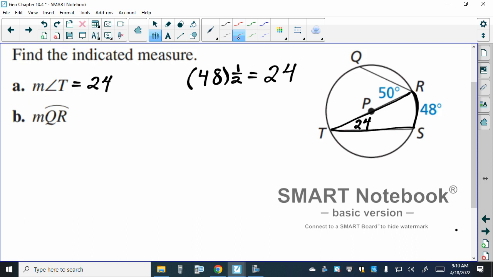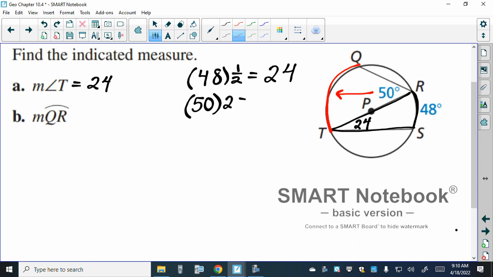Any other questions on part A before we look at part B? Now part B, we're trying to find the measure of arc QR. So if the inscribed angle is equal to half the measure of the arc, the arc is equal to twice the measure of the inscribed angle. So if this is 50 degrees, to get to the arc, we're going to take 50 and do what?